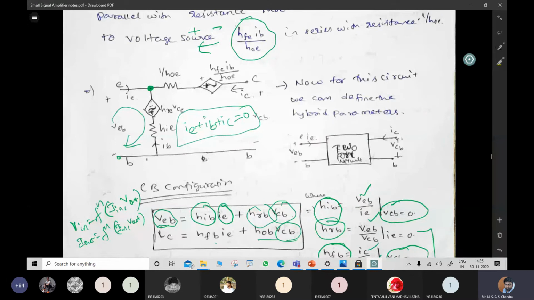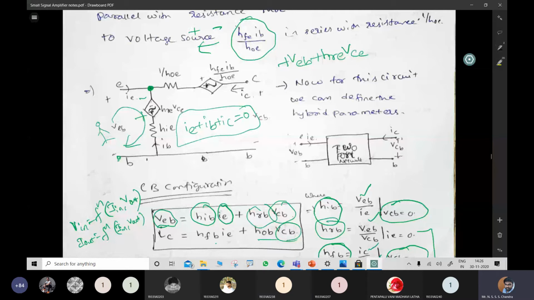I am moving in the clockwise direction, or the observer is moving in the clockwise direction. First I am moving from negative terminal to positive terminal, so it is plus VEB. Next I have come over here. Here this is minus, this is plus. So again minus to plus, it is plus HRE into VC.